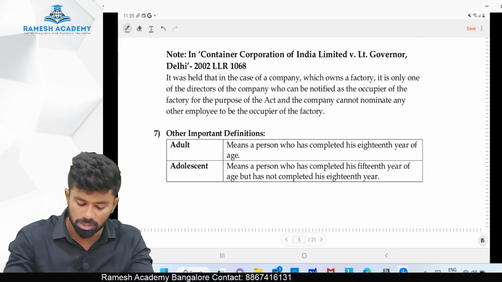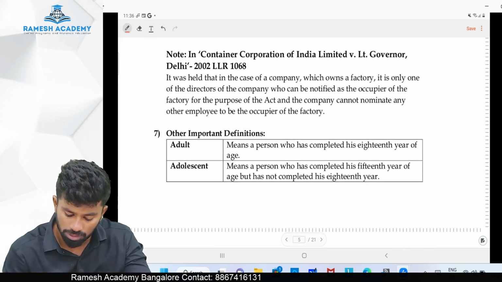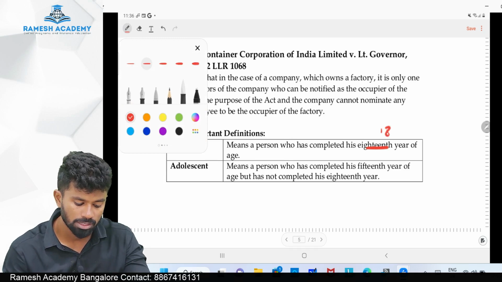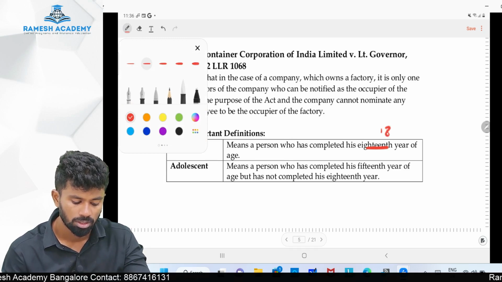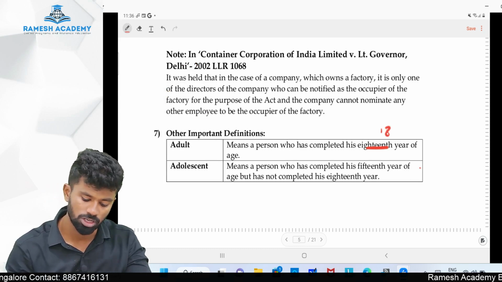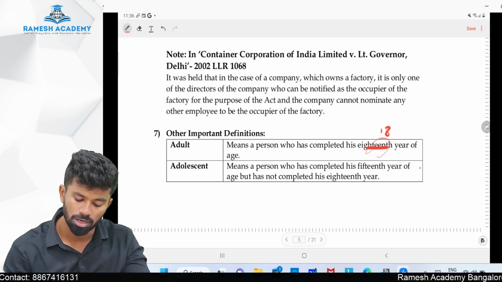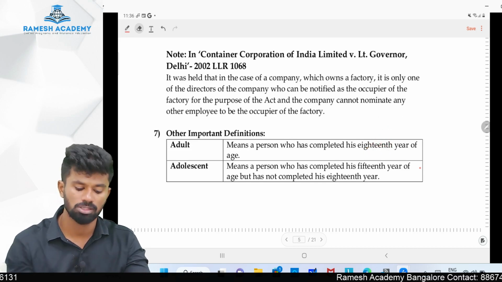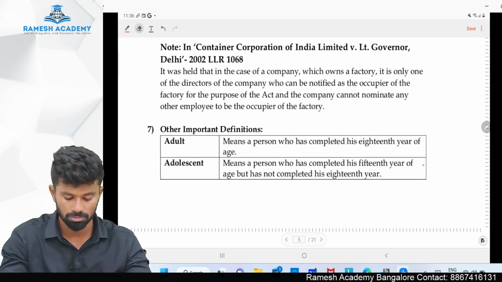Adult means a person who has completed how many years of age? 18 years of age, but has not completed what? 21 years of age. Then he is considered as an adult. So anyone who is above 18 years is considered as an adult.